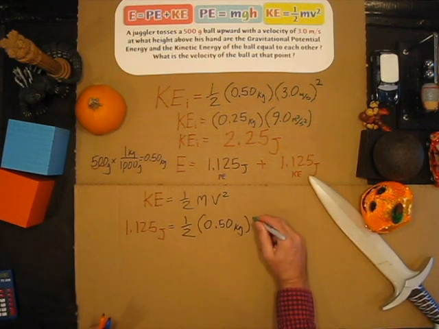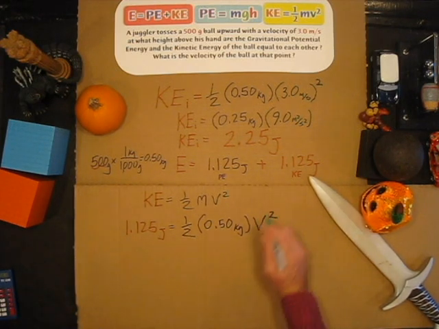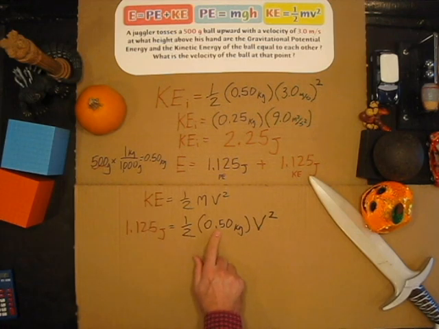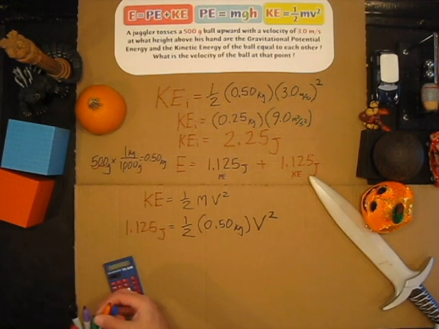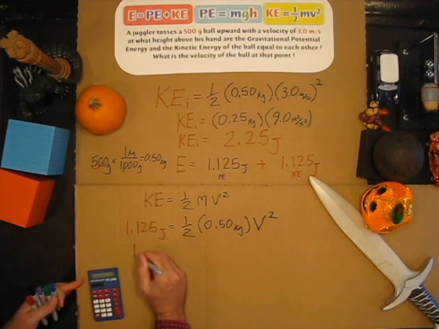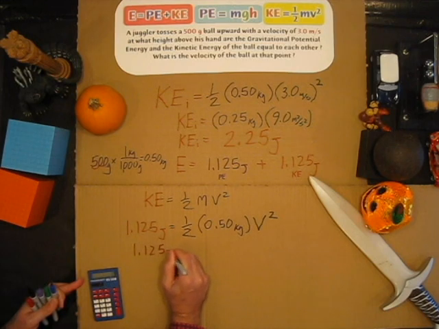But of course, this is velocity squared. So it's 1/2 of 0.5. That's of course a quarter, 0.25. And so let me rewrite this again with 1.125 joules.